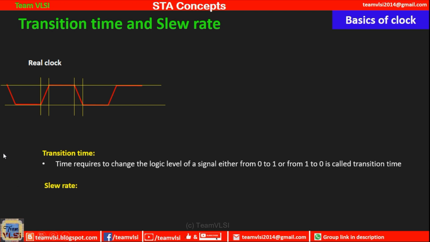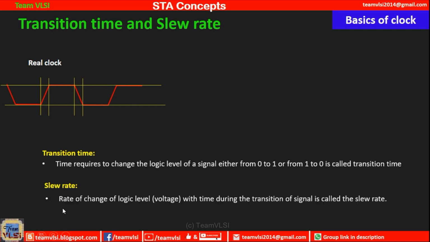And slew rate is defined as the rate of change of logic level, that is voltage, with time during the transition of the signal. So its unit will be voltage per nanosecond, how much voltage changes per nanosecond. The higher the slew rate, the steeper the transition.